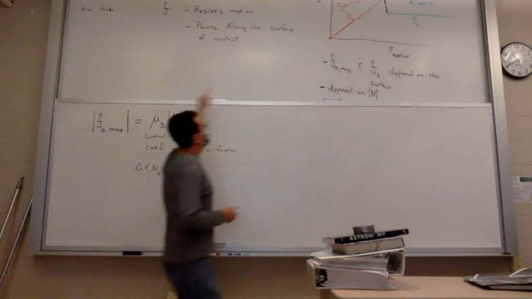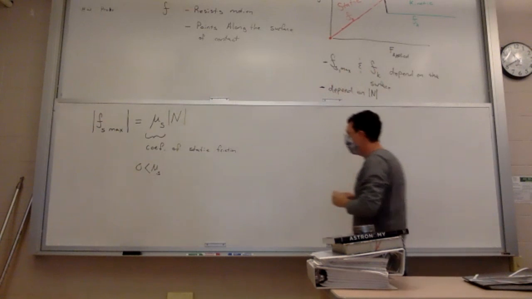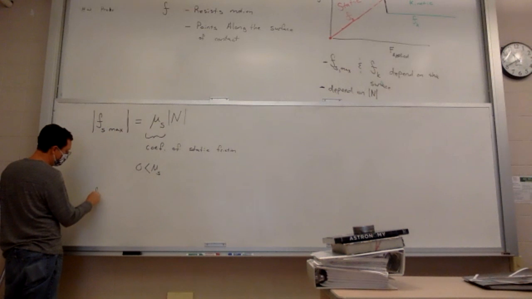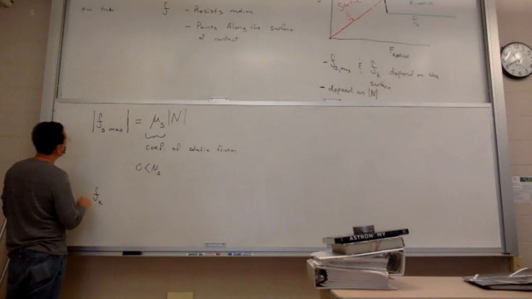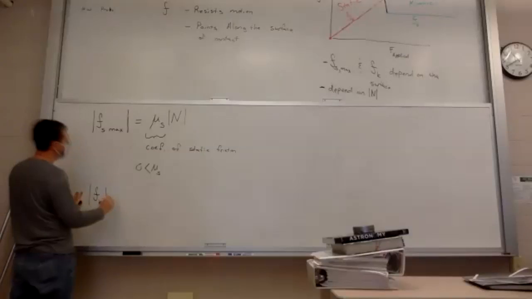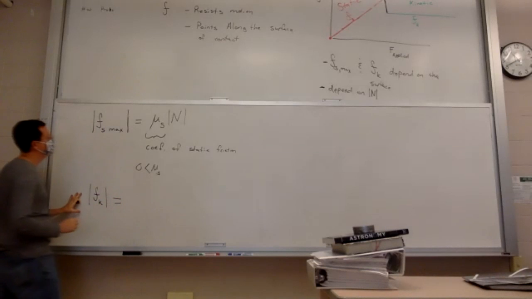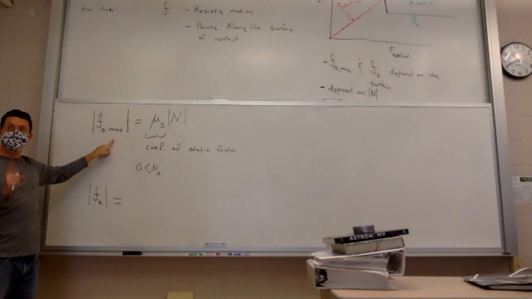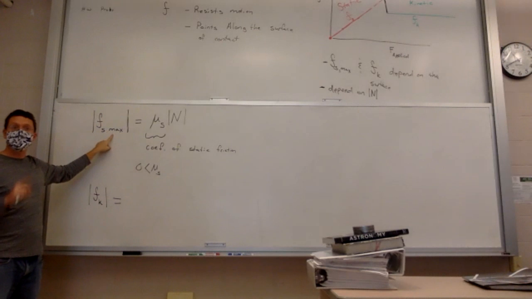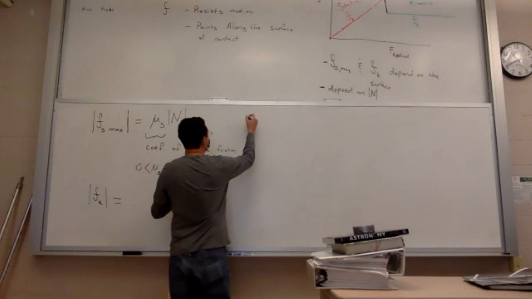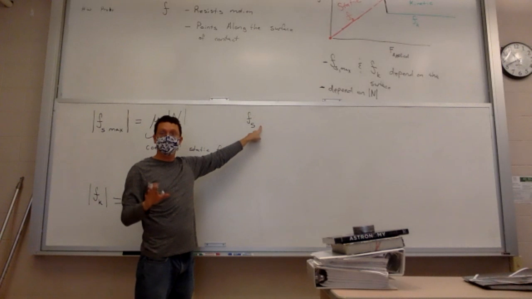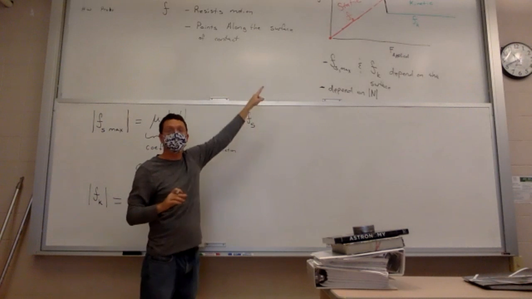That was static friction. That's the blue dot, impending motion. Before I move on, this is just the blue dot, right? Because it's the maximum value. If you look around on the internet or in the book, sometimes they write this as F sub S, not the maximum value, the whole red and blue part.